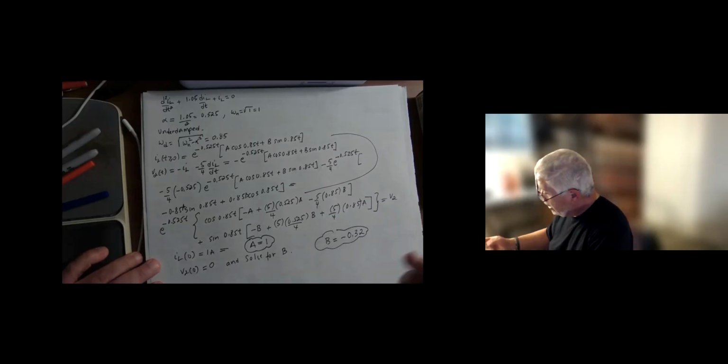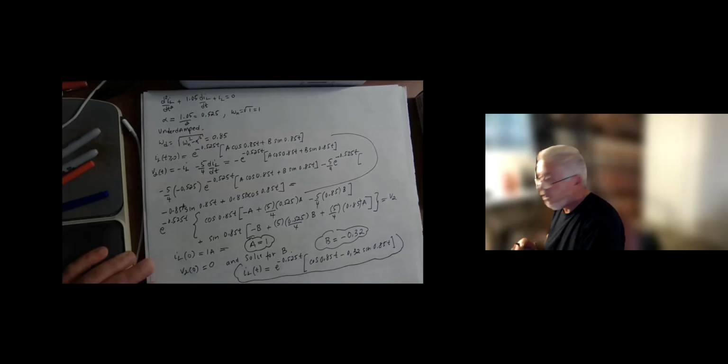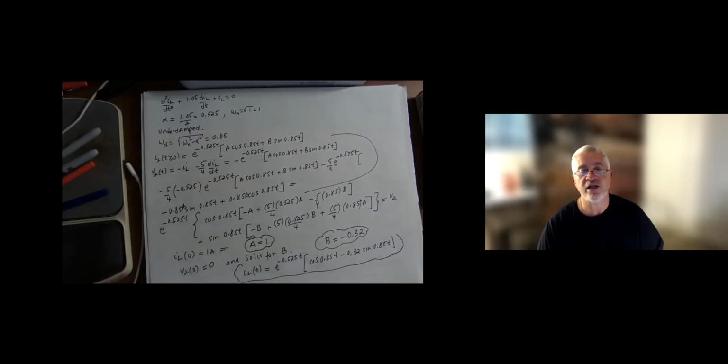So the solution for IL of t is e to the minus 0.525t times cosine 0.85t minus 0.32 sine 0.85t, after satisfying the initial conditions.